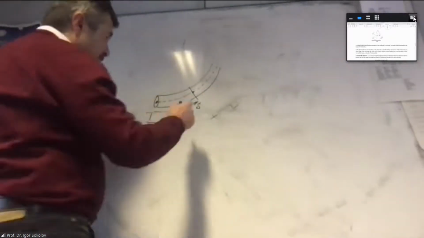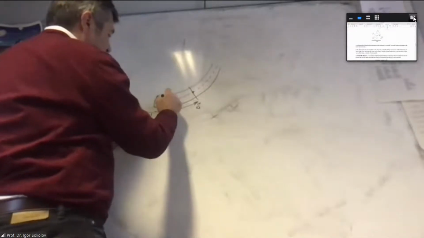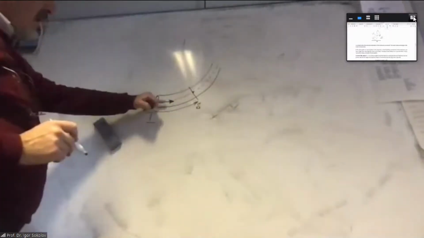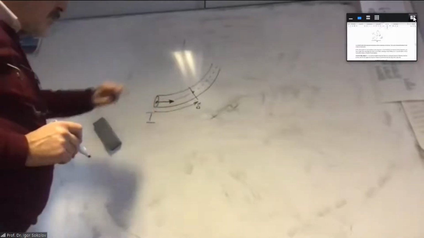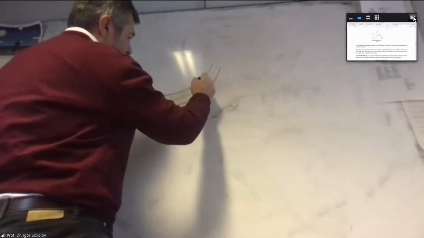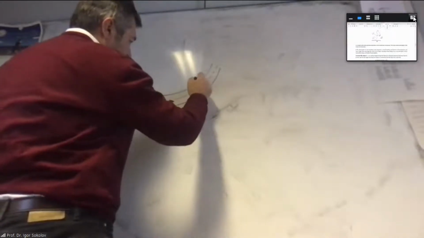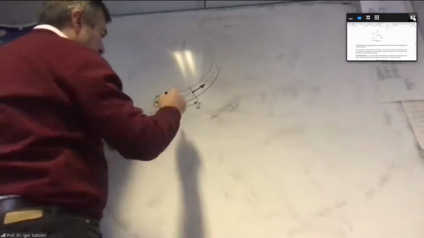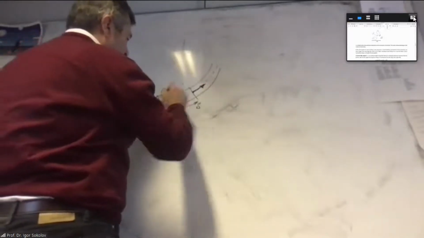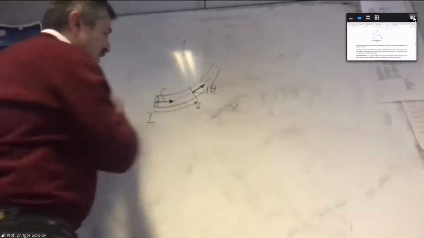Now I start here, and I imagine that this is a vector along the central line at the beginning, or at some point of the chain. This is the vector tangential to the central line. And now it has some angle theta with this initial vector.